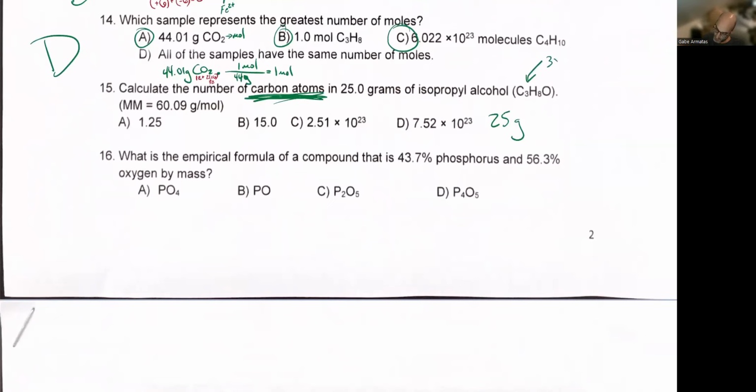So 3 times 12, there's my carbon, plus 8 times 1, there's my hydrogen, and plus the 1 times 16, there's my oxygen. So let's get the total for all of this.